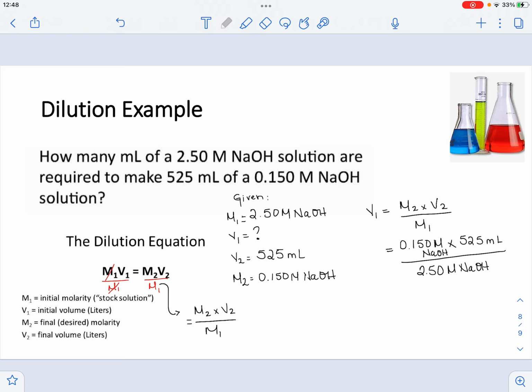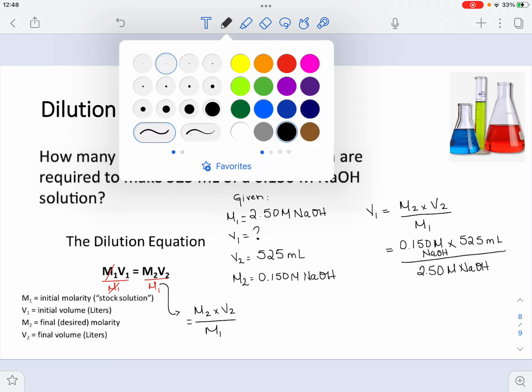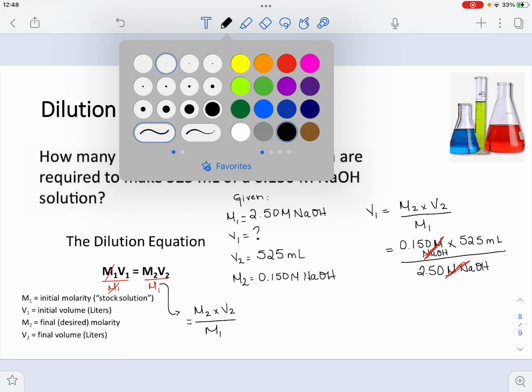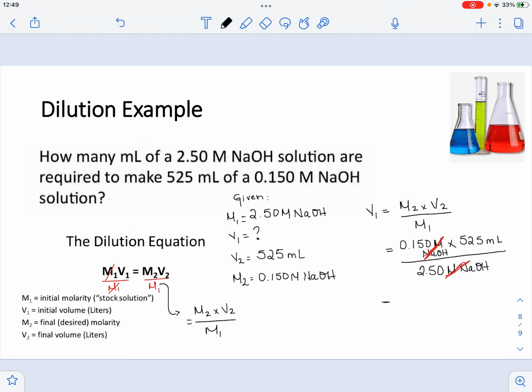When it comes to units, the molarity is going to cancel, so my units are going to be in milliliters. So when I take 0.150 times 525 divided by 2.50, that equals 31.5 milliliters.